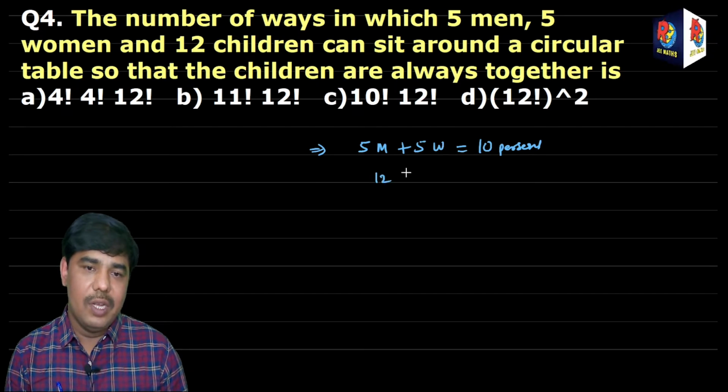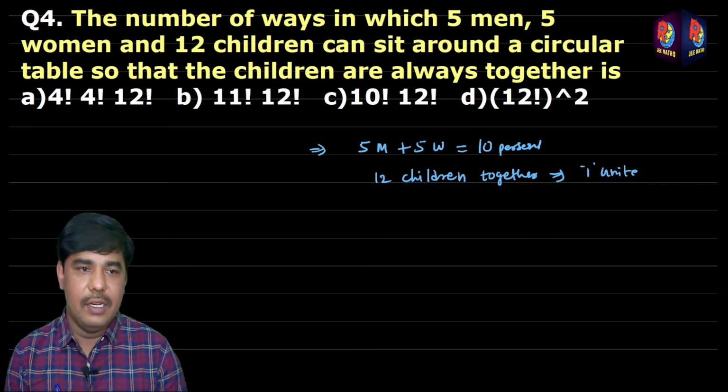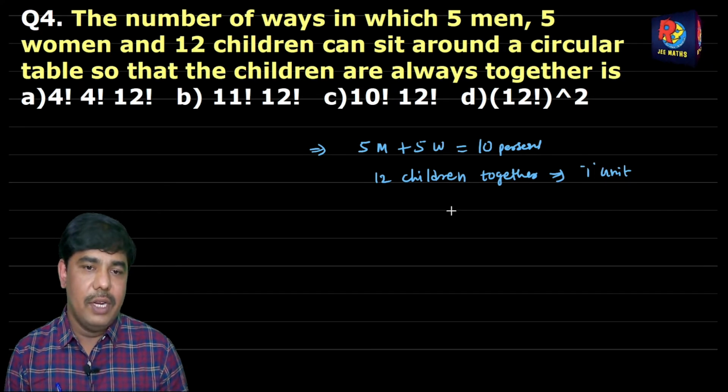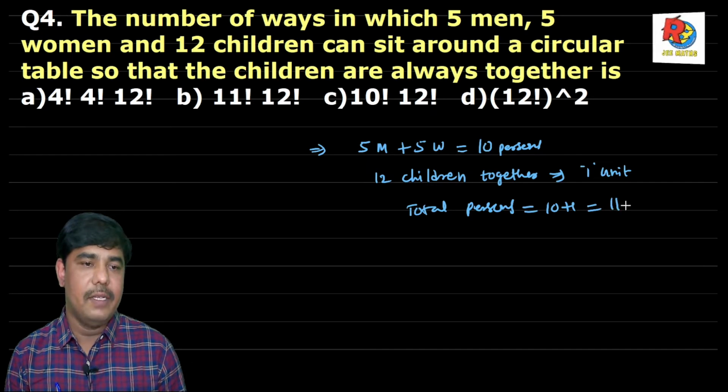So 12 children will be treated as together. Together means we need to treat it as one unit. Whenever the word together is there, you need to take one unit. So if it is one unit, total persons equals 10 plus 1, that equals 11 persons.